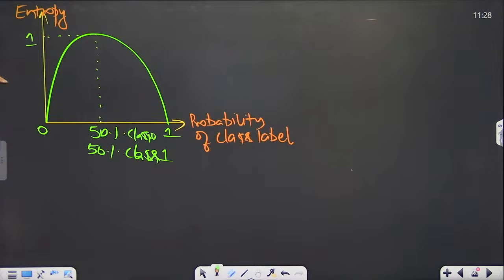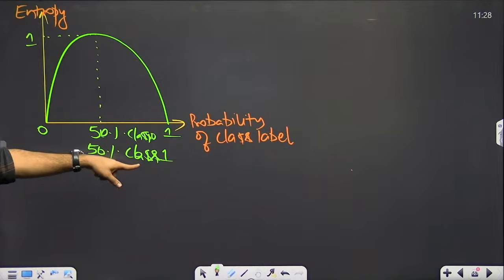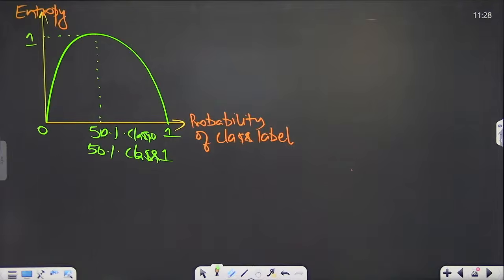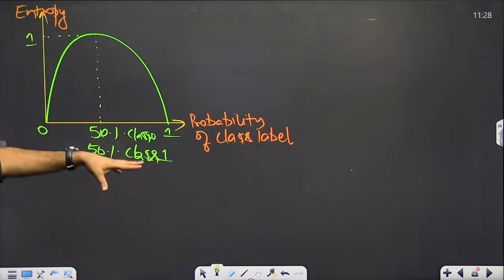So basically, where is entropy maximum? When we have a mixture of class 0 and class 1, the entropy is maximum. You should understand this.